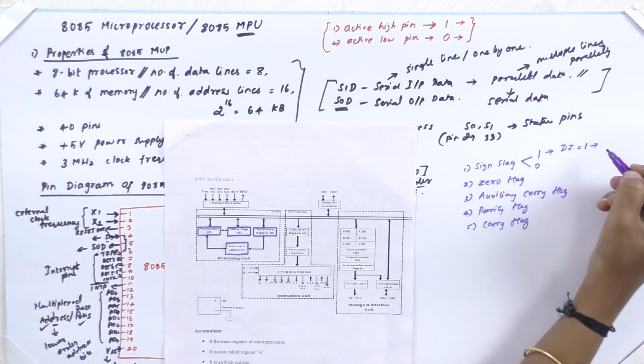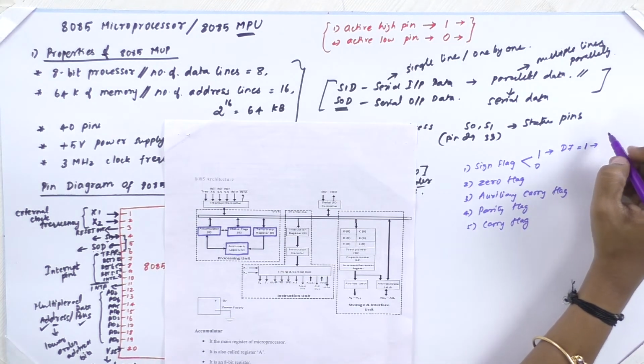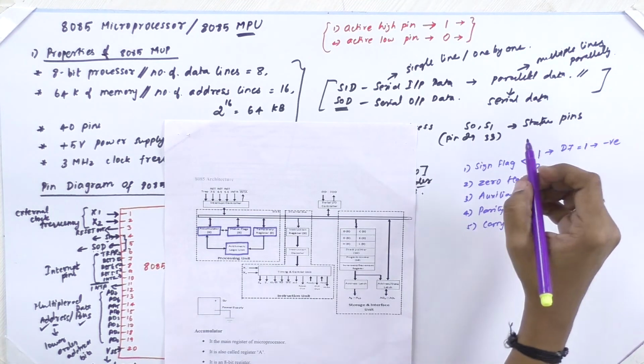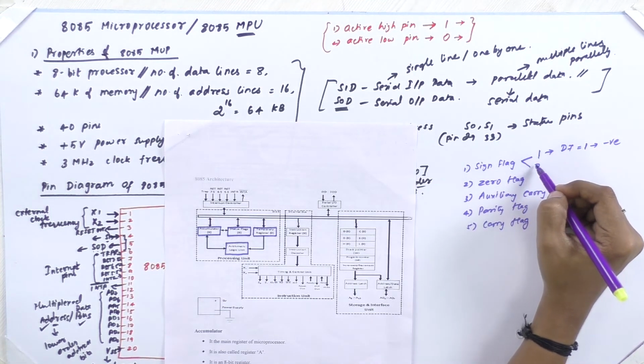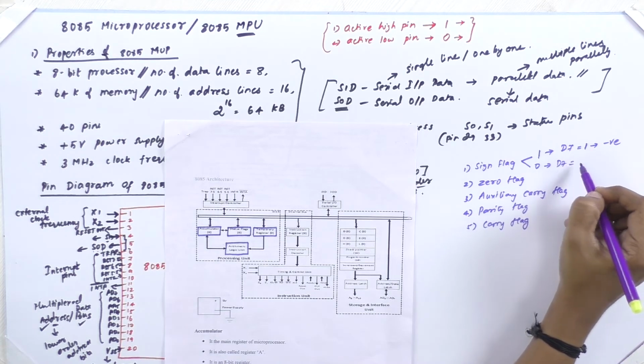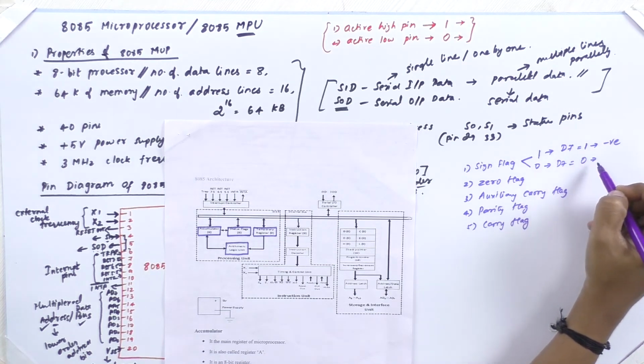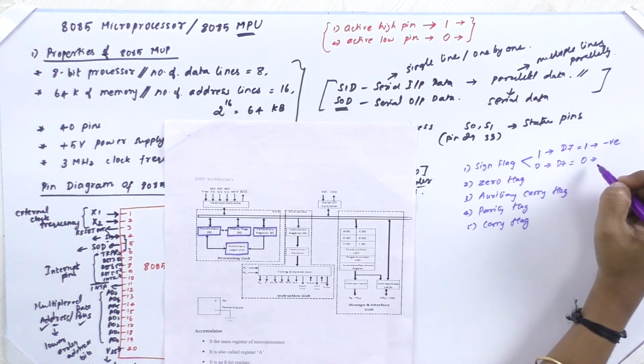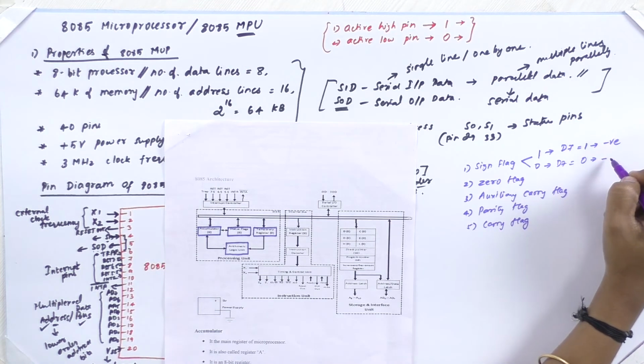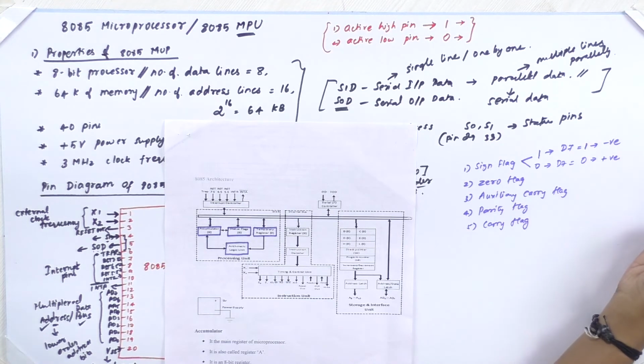It means that the result we obtained after arithmetic or logical operation is negative. And the sign flag is set to 0 if the D7th bit value is 0, and it indicates that the result we obtained after any arithmetic or logical operation is positive.